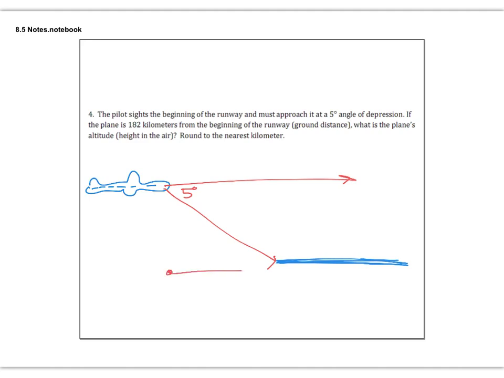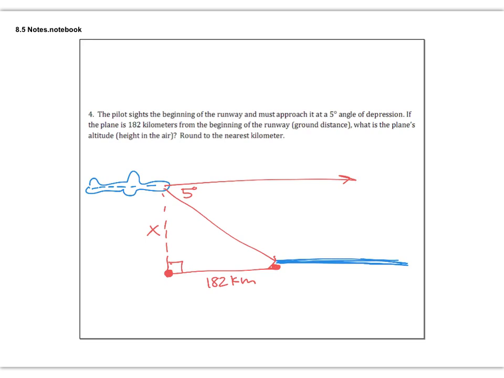From here to here is the 182 kilometers. So what I usually do is drop down a vertical line there so you can see directly below the plane, from this spot to this spot where the runway starts, it is 182 kilometers, and we want to find out what is the plane's altitude right there. How high off the ground is that plane?